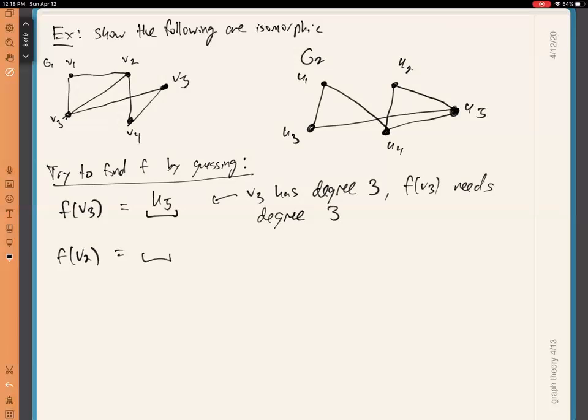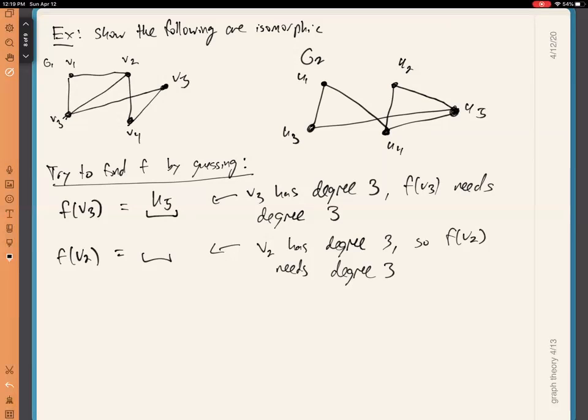Okay, so what is this going to be? Well, there's two things to point out. The first is that v2 has degree 3, so f of v2 needs degree 3, because this function has to preserve the degree of the vertex.